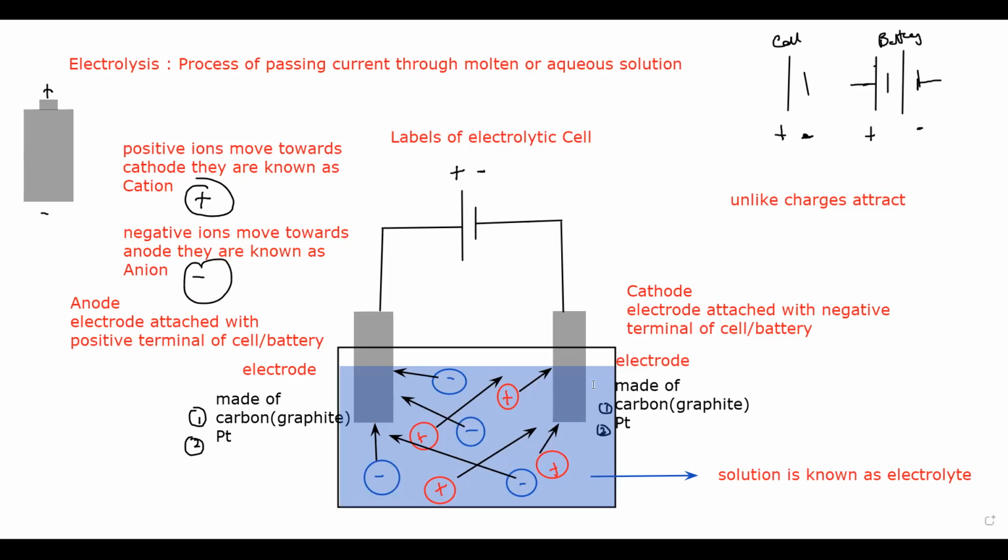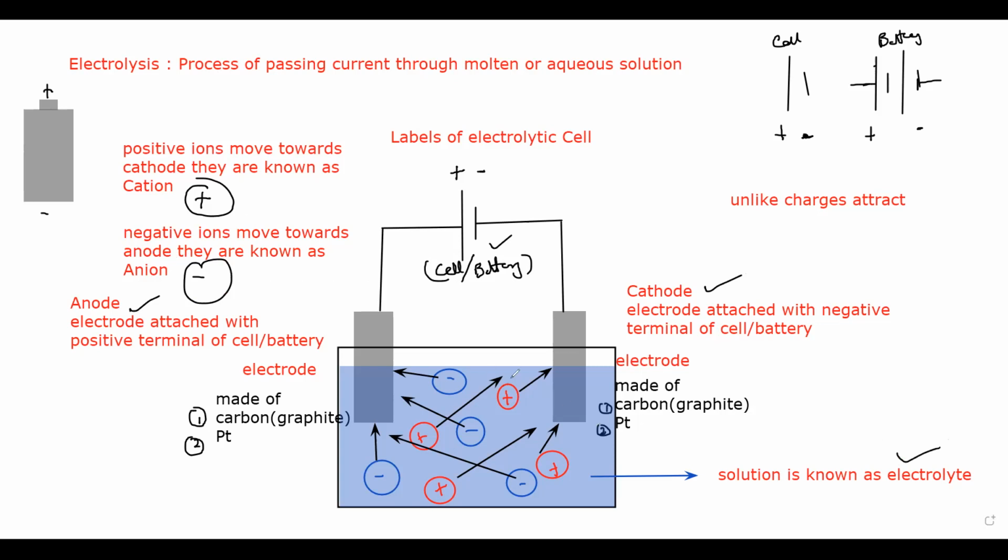Is it clear? First thing, the labels of an electrolytic cell. Whenever you have an electrolytic cell, what are the things there? Number one, it will either have a cell or a battery. It will have electrodes, a cathode and an anode, and it will have electrolyte.